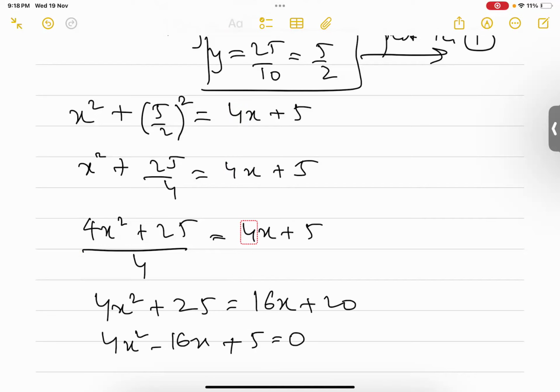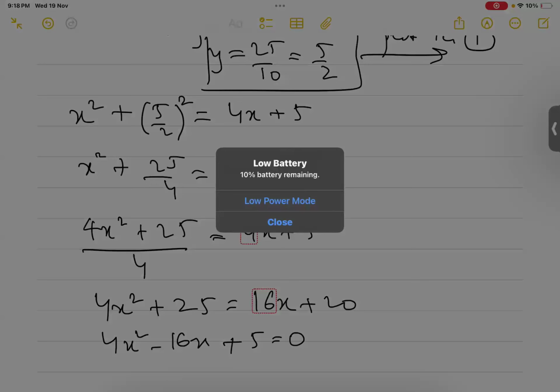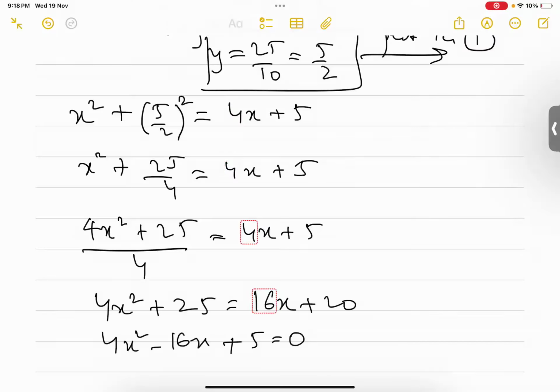Now we require 20 over here. Can we factorize? First of all, please tell me, can we factorize? We require plus 20 and in between minus 16.